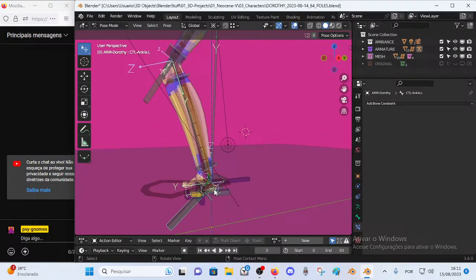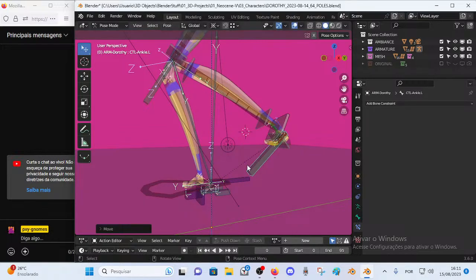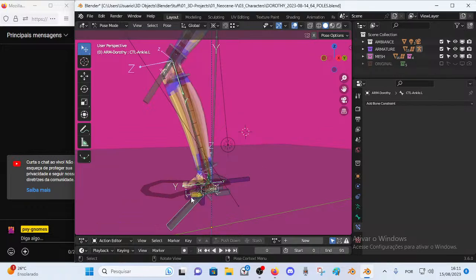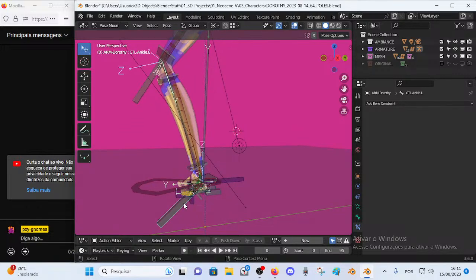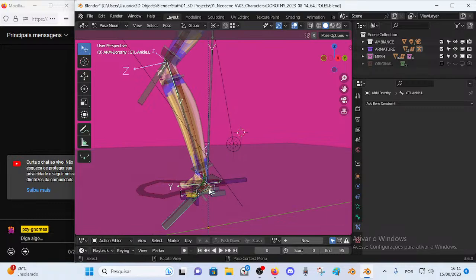Okay, so this will be the first attempt. If that works, then we'll have two systems. One will work for this, so there'll be a following advanced foot rig here, and this one whenever we are back here, but then they will stack together. It will be a bit difficult to find the controllers, but we'll see.